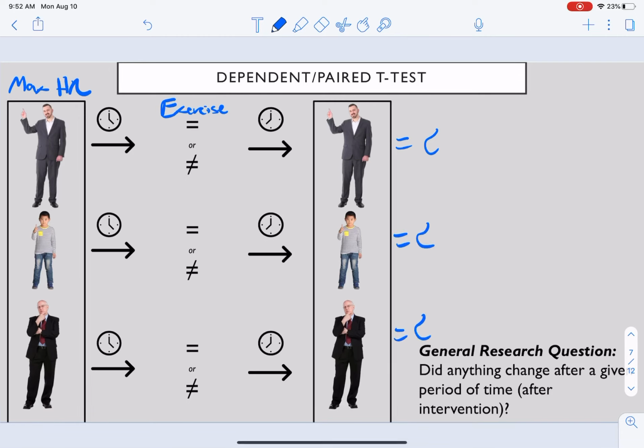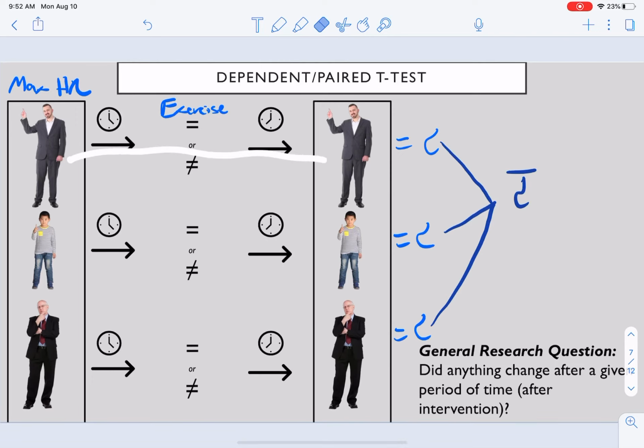And then based on all these differences, we take the mean of those differences, and that's D bar. So we've got the same person each time. We've got no different person. We're looking at the same group of people, just at 2 different periods of time, essentially. And then that's that.